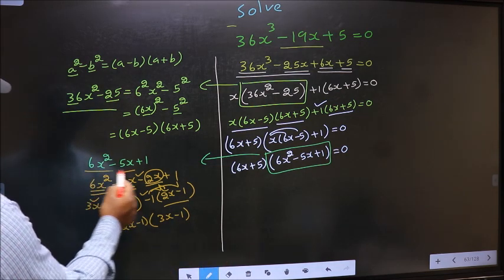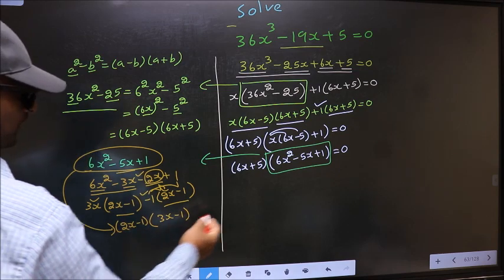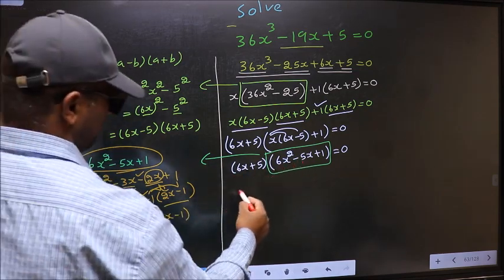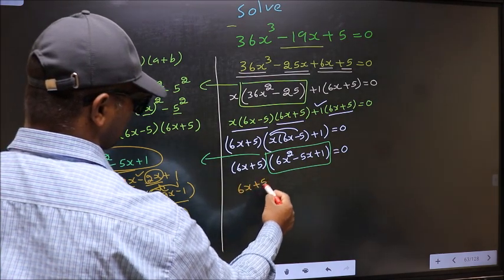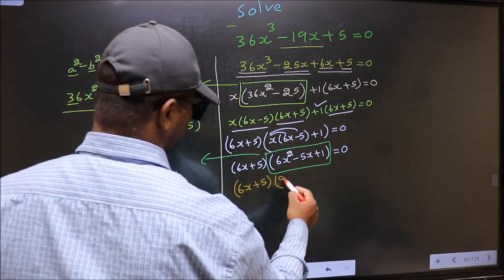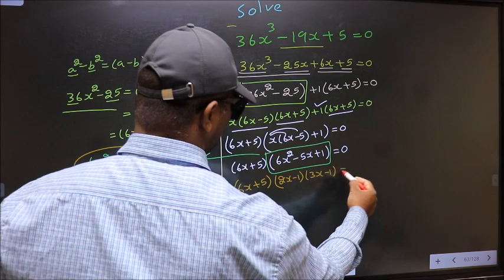Now in place of this quadratic we should write this over here. So this equation becomes 6x plus 5, 2x minus 1, 3x minus 1 equal to 0.